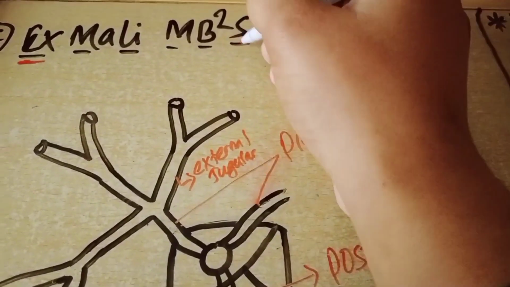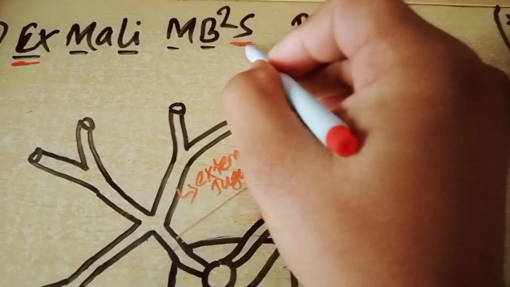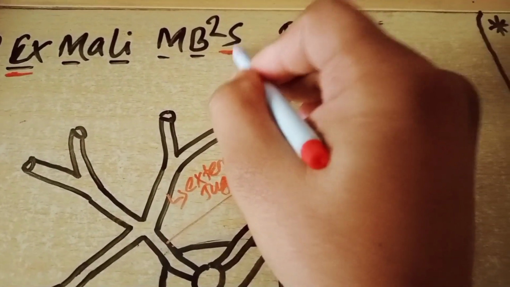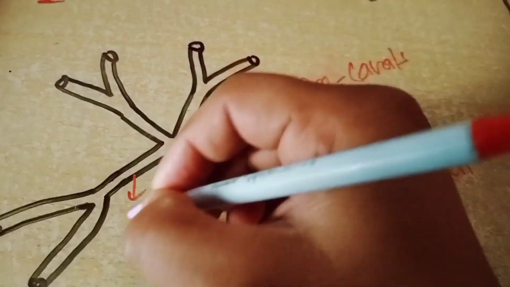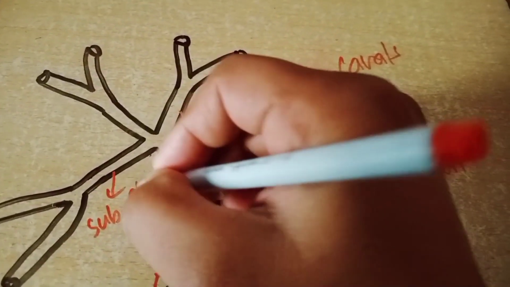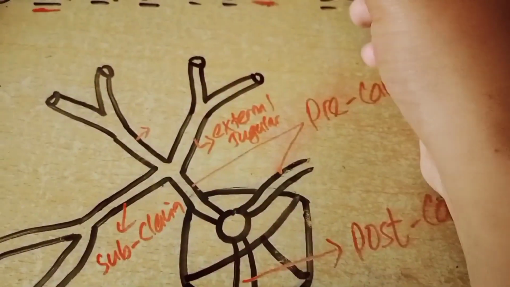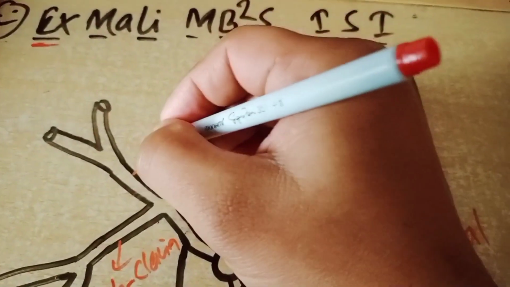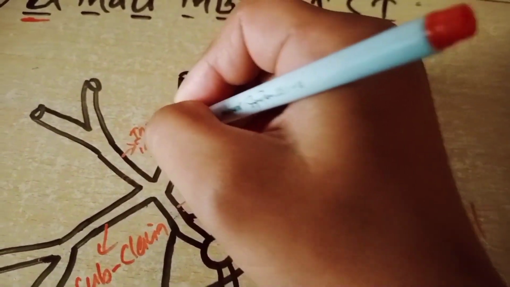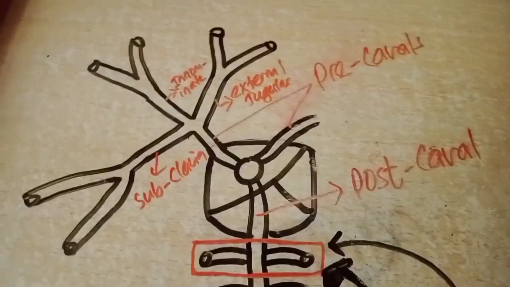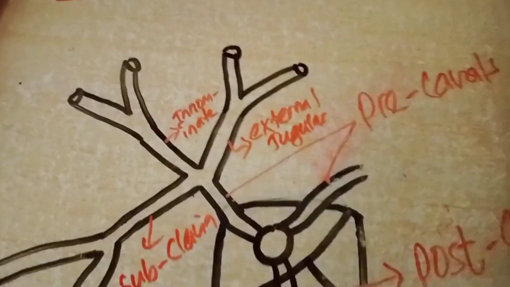Next is S, so I write S first during the trick. S is subclavian. This is subclavian, and the next is innominate, I. Innominate. And all three branches have their own two branches.